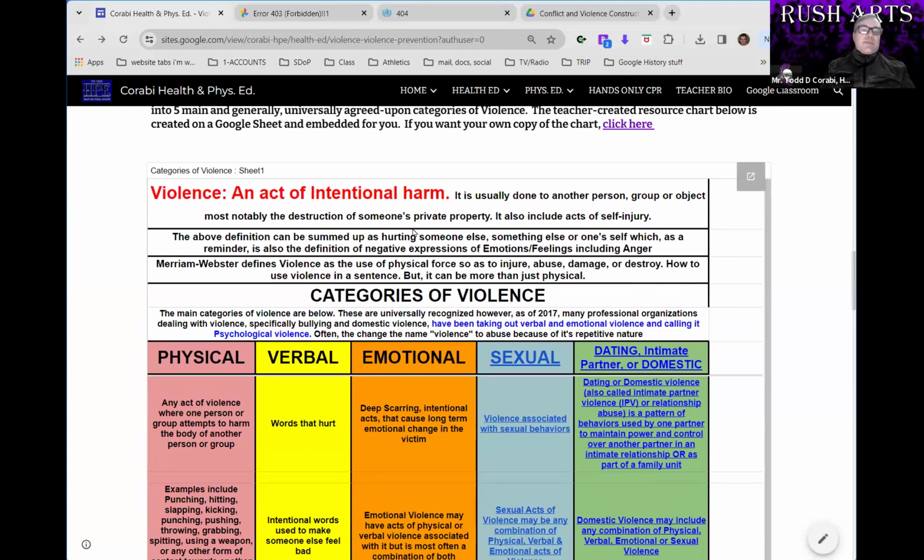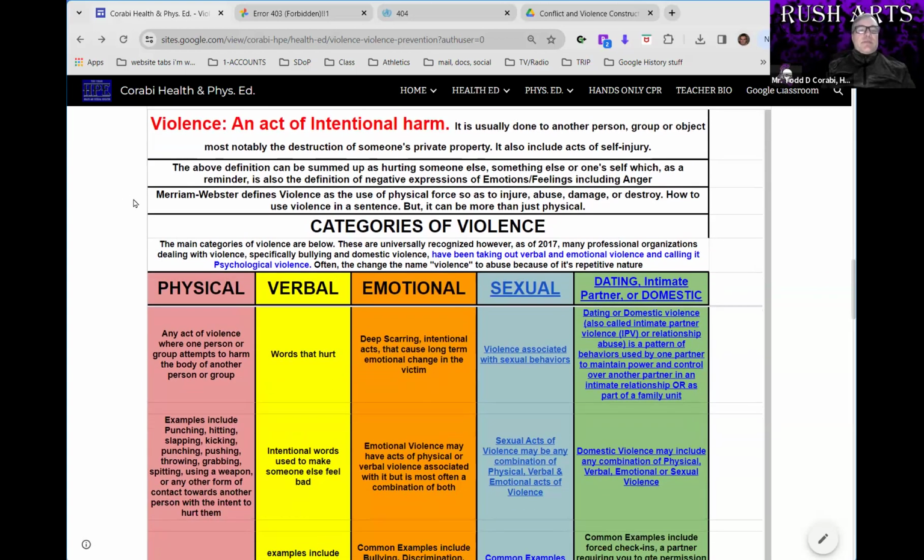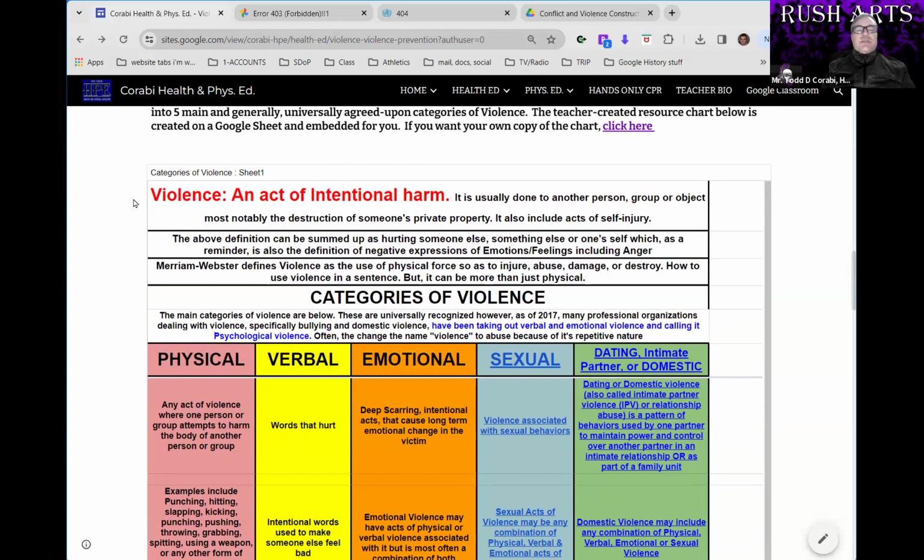But in any case, the above definition can be summed up as hurting someone else, something else, or oneself, which is also the definition of negative expressions of emotions and feelings, including anger. We talked a lot about anger and how people react to anger with rage earlier in the year, and that basically is violence. So that's the middle school definition.